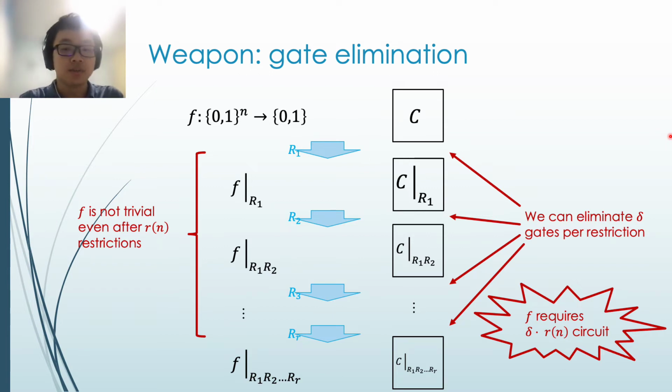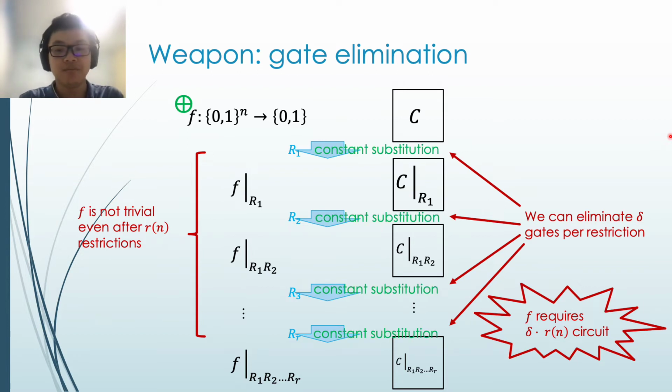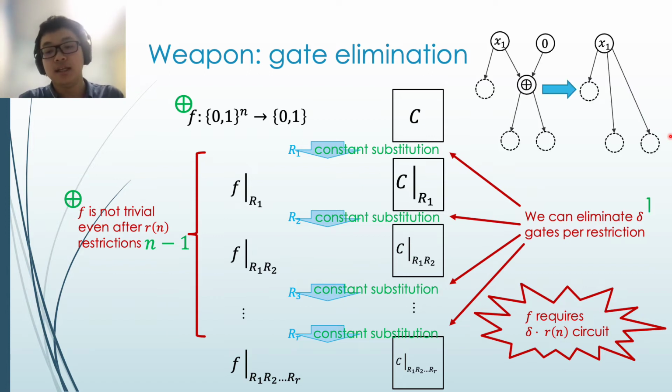A toy example. Take the hard function parity, and we do a constant substitution each time. Obviously, the parity function is still not a constant after n minus 1 constant substitutions, and we can observe that we can eliminate at least one gate per restriction. Why?